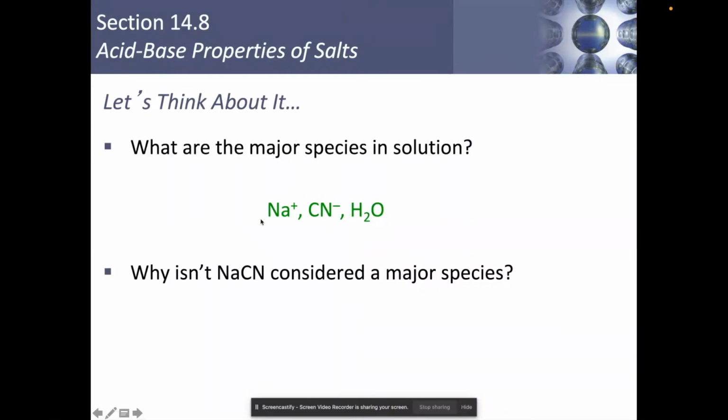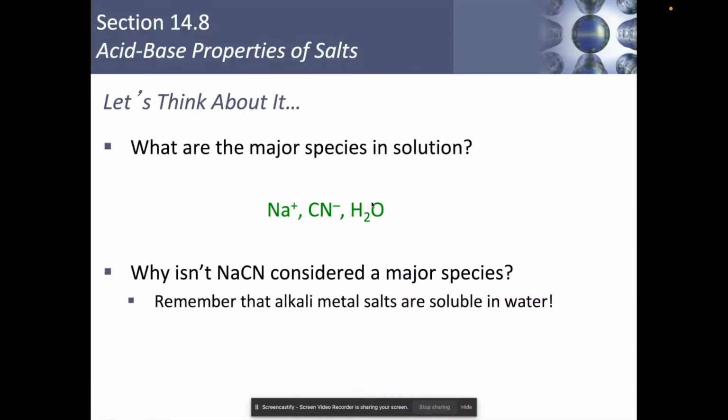Remember that sodium salts, so alkali metal salts, are soluble in water. That means that Na plus and CN minus are going to dissociate, and water, of course, is always present. Why isn't it NaCN? It is soluble in water, which means it's going to completely dissolve. And remember, this entire section is all about salts, so of course we're looking at things that dissolve in water.